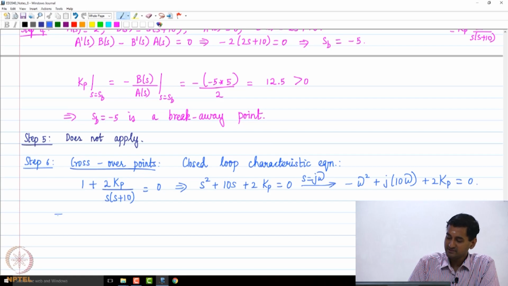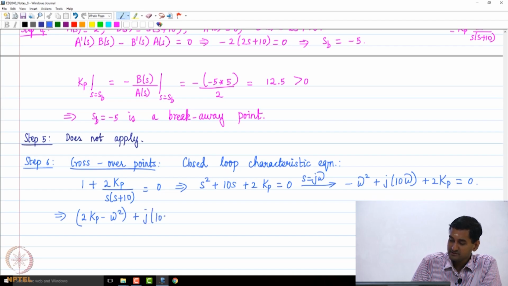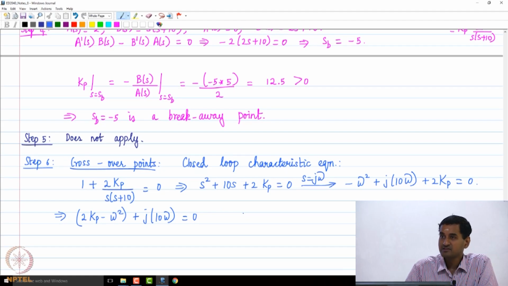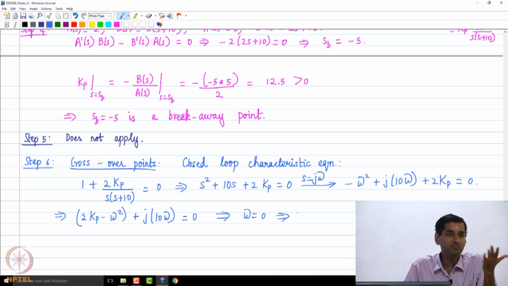So this gives us (2Kp - ω²), that's the real part, plus j10ω equals 0. This immediately implies that from the imaginary part, ω = 0 is the only possibility, that means the origin. But we already know that the open loop pole is at the origin.